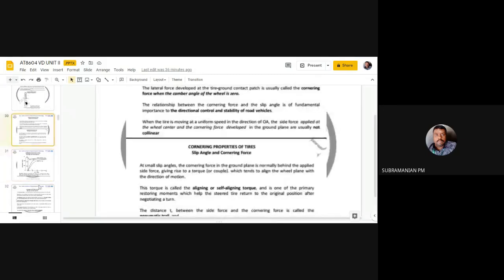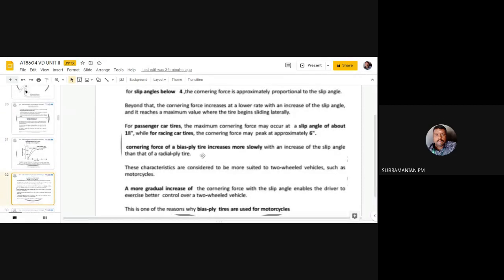For that the graph is not there, but you note down this value. That is for a passenger car tire. And for racing tires, the maximum cornering force occurs at 6 degrees.